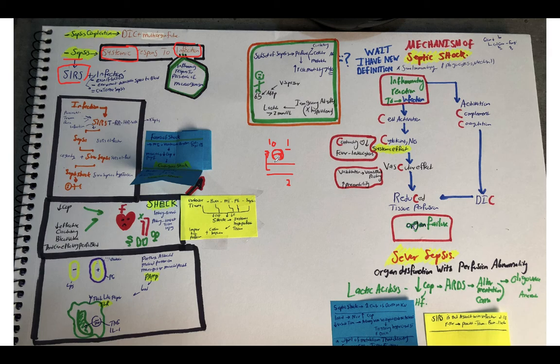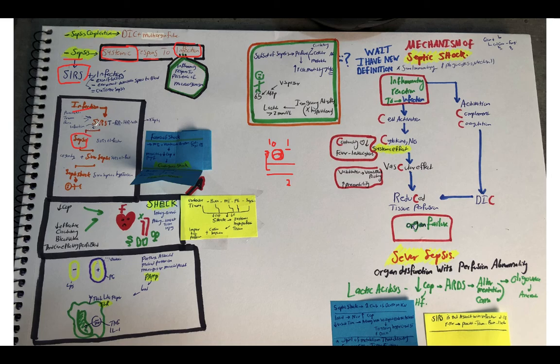No, there is a systemic response. Your body is responding, your WBC is responding in an unorganized way. So if you have infection and you have SIRS, these two criteria together we will call sepsis. Without infection we will not call it sepsis.